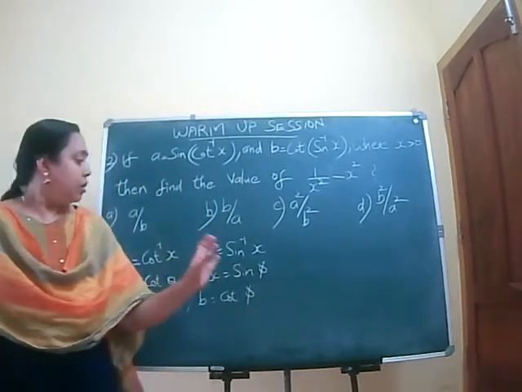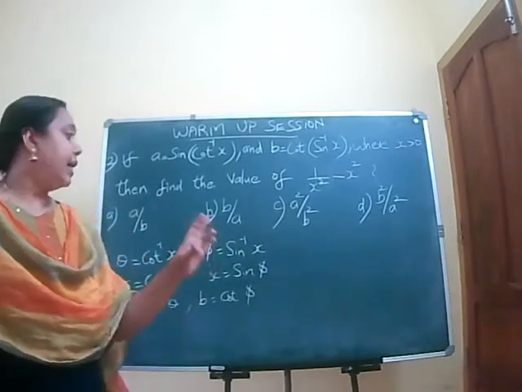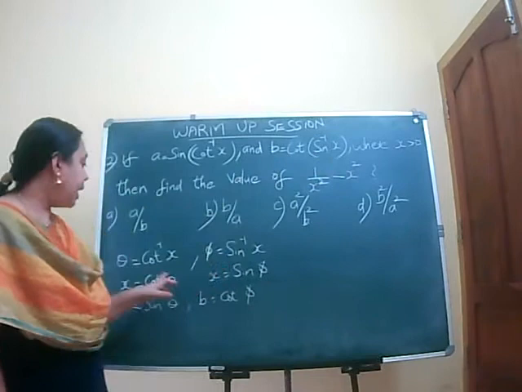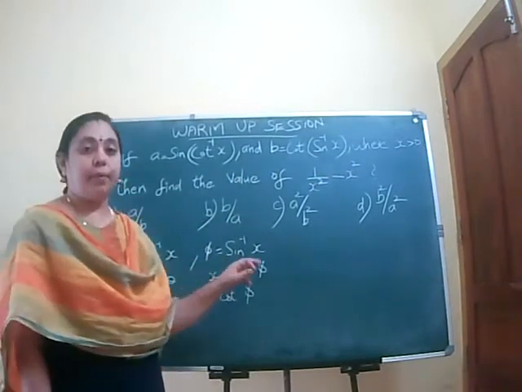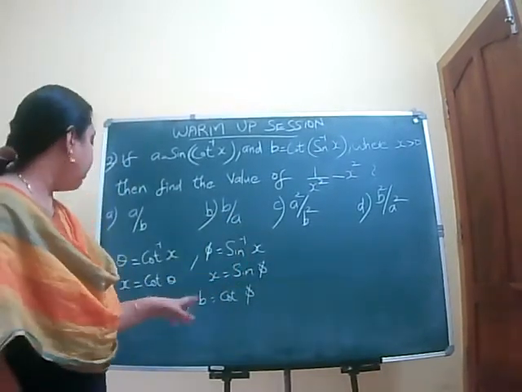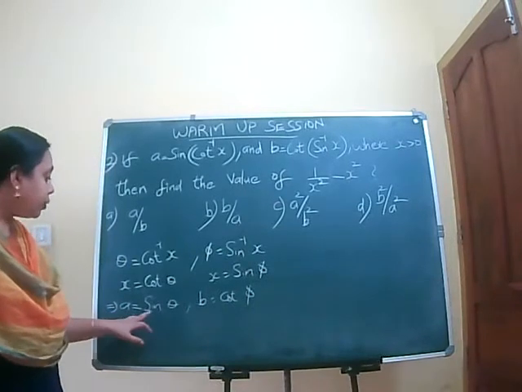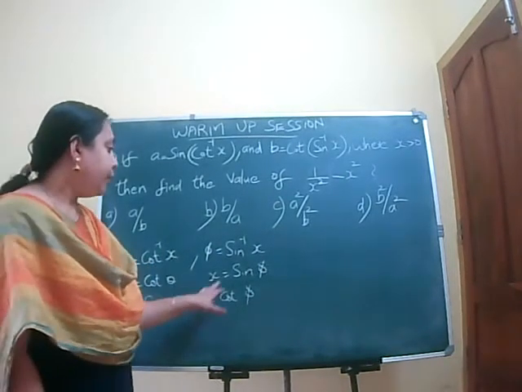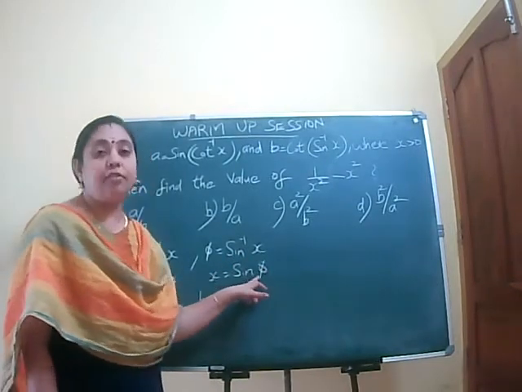That is, we just took a substitution for the terms inside the bracket, say theta and phi. Now we convert A into the terms of cot theta and B into the terms of sin phi.